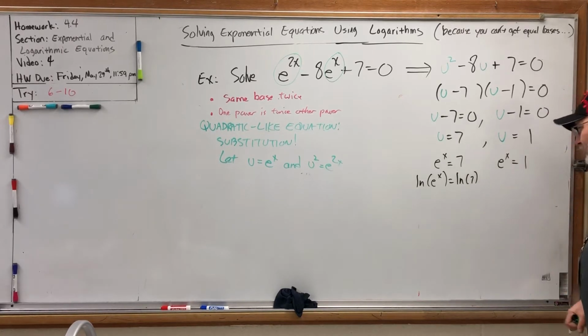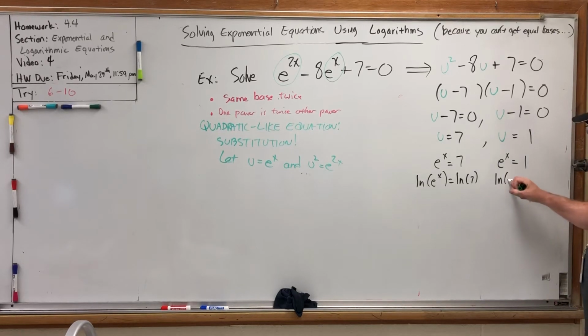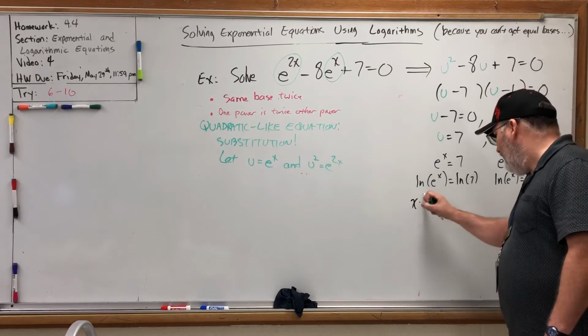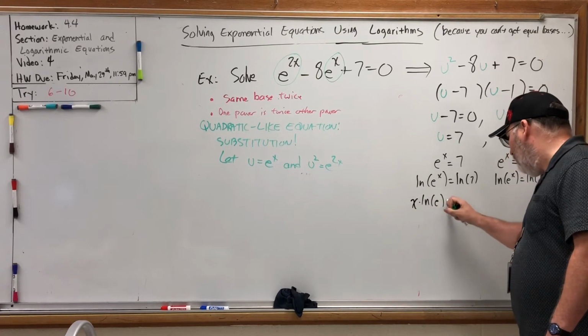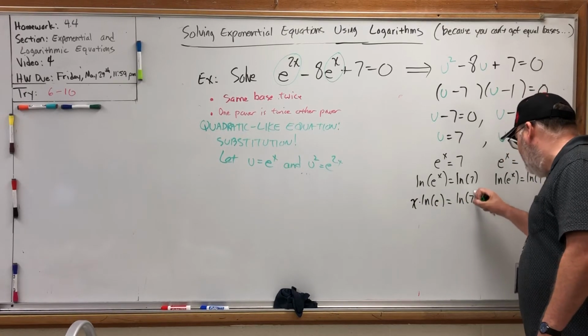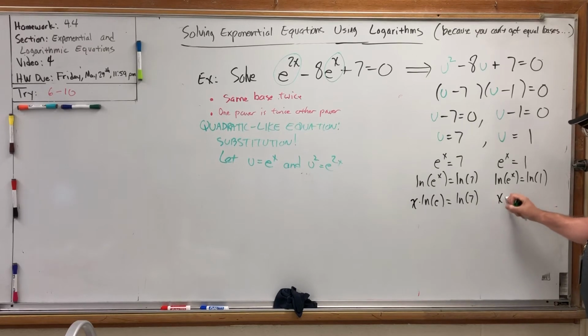So we get natural log of e to the x equals natural log of 7 over there, and over here we get natural log of e to the x equals the natural log of 1. Use the power rule. So bring down the x, so we get x times the natural log of e equals the natural log of 7. And over here we get x times the natural log of e equals the natural log of 1.